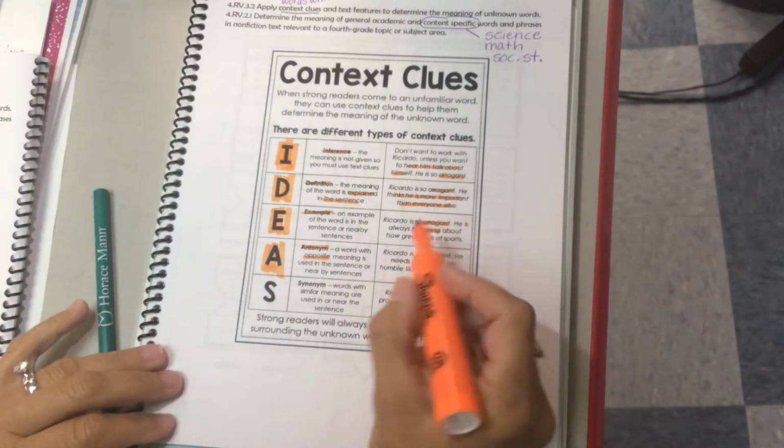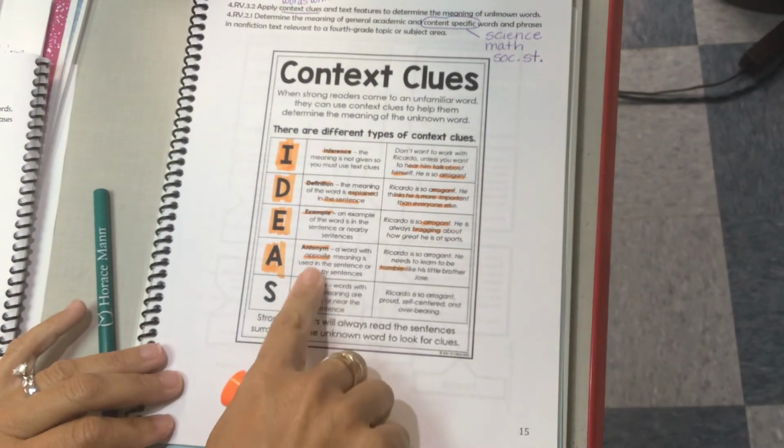Right here. Who said little? Who said learn? Who said humble? Good going. Humble would be the antonym or the opposite meaning of arrogant.